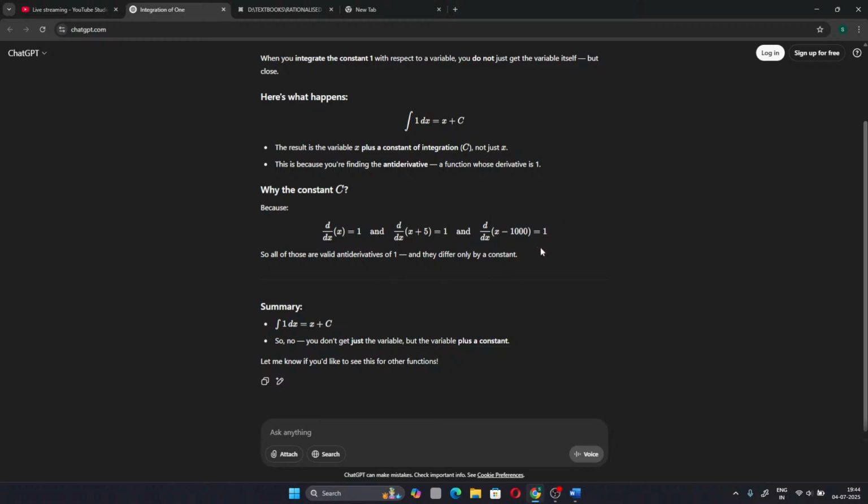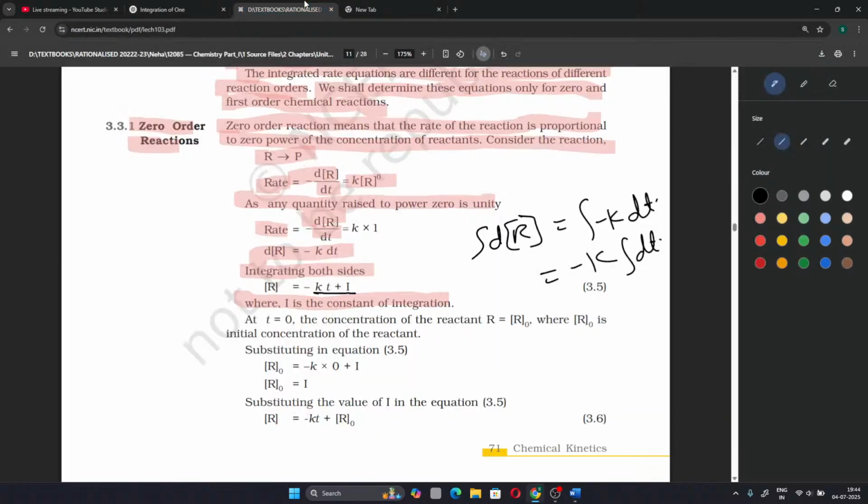Because of this, we take it as x plus C, the integration constant. That is why we get [R] equals minus kt plus the integration constant.